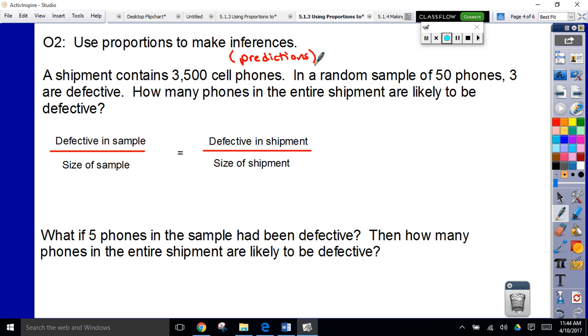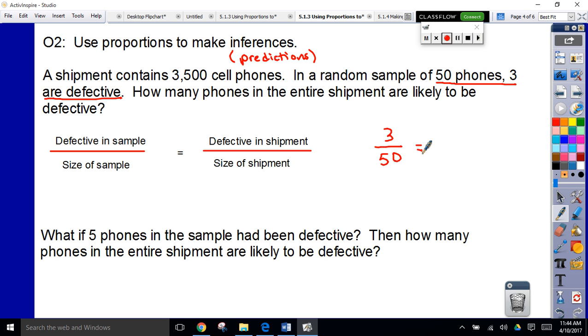So we're just going to set up a proportion where we have how many are defective in the sample over the size of the sample, and that's going to equal how many are defective in the shipment over the size of the shipment. So it tells us that in a random sample of 50 phones, 3 are defective. So 3 out of 50 phones are defective.